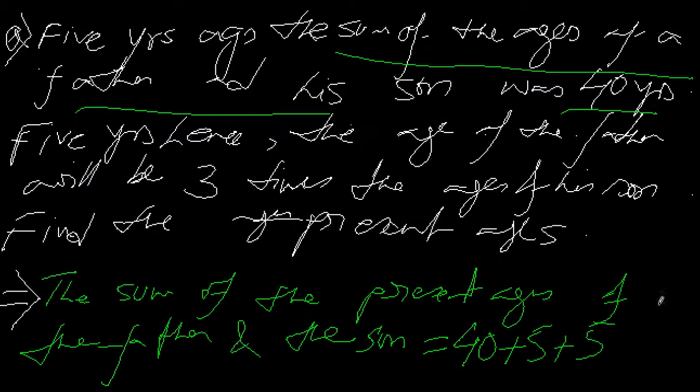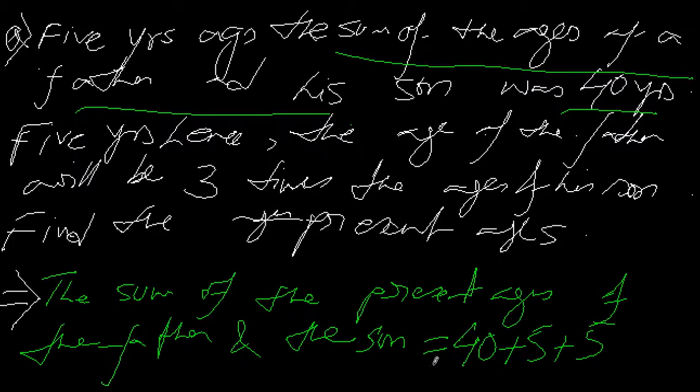How is it coming? Because they have said that 5 years ago the sum of the ages of father and his son was 40 years. So I have to add 5 years in the age of father and 5 years in the age of son.